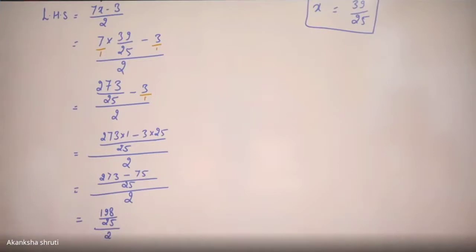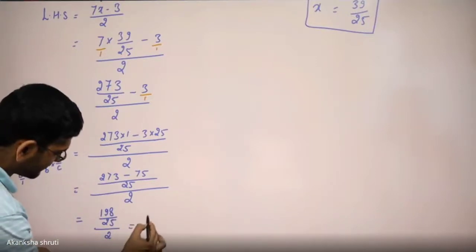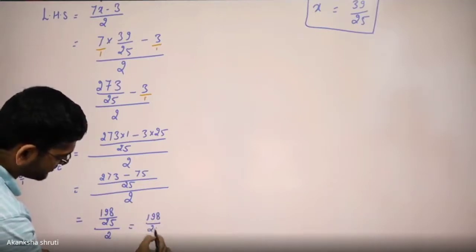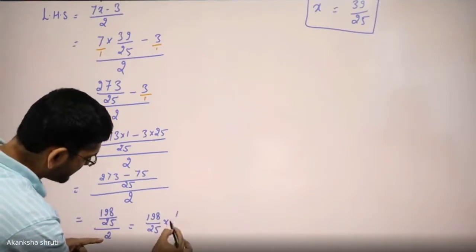Student, this is in the form of A by B by C. What are we doing here? This is the bigger line, so this is A by B. Below this C, nothing is there, means it is 1 by C that we were doing. Okay, student? So therefore this gets converted into 198 divided by 25 into 1 by 2.